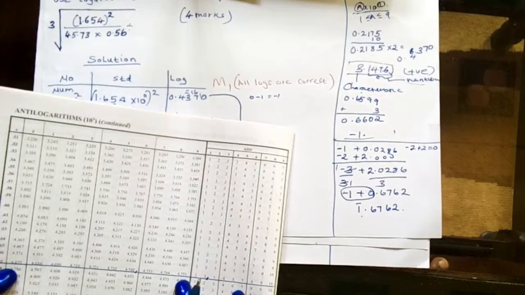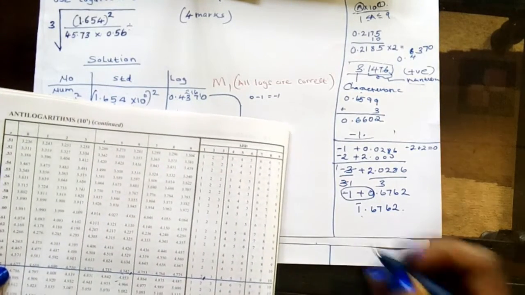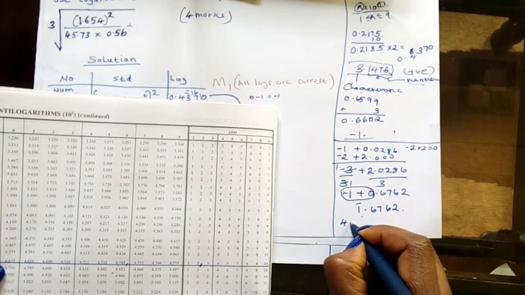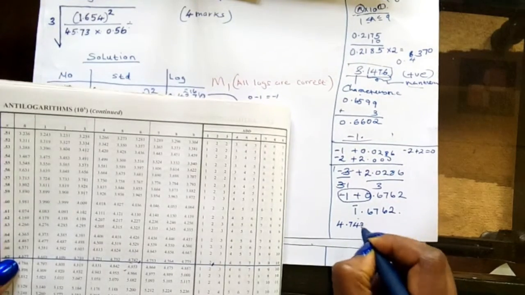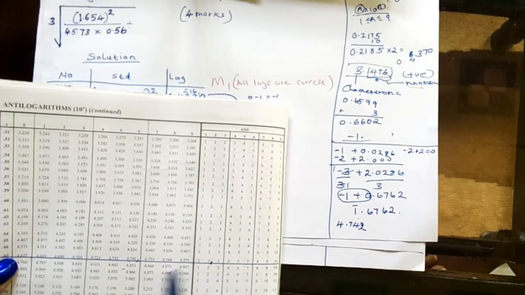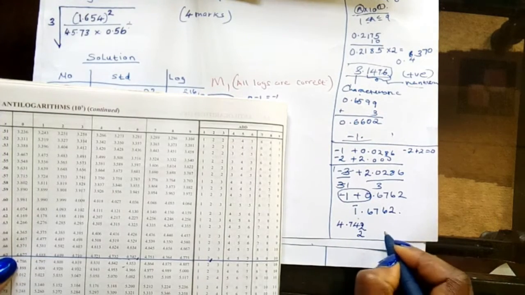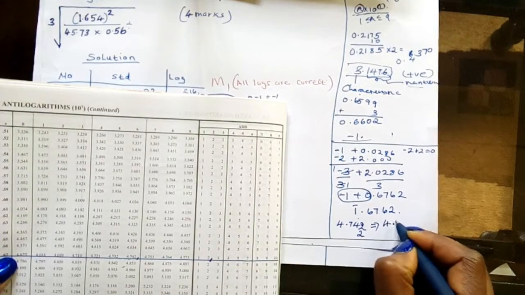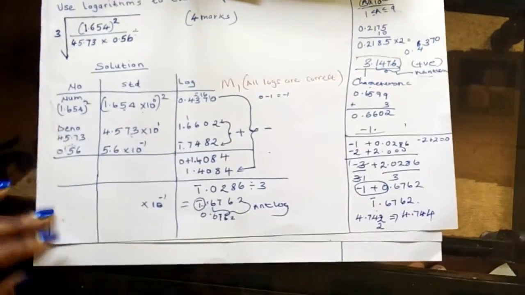What we have here is 4.742. Then we add 2. So what do we have? We have 4.744. Got it.